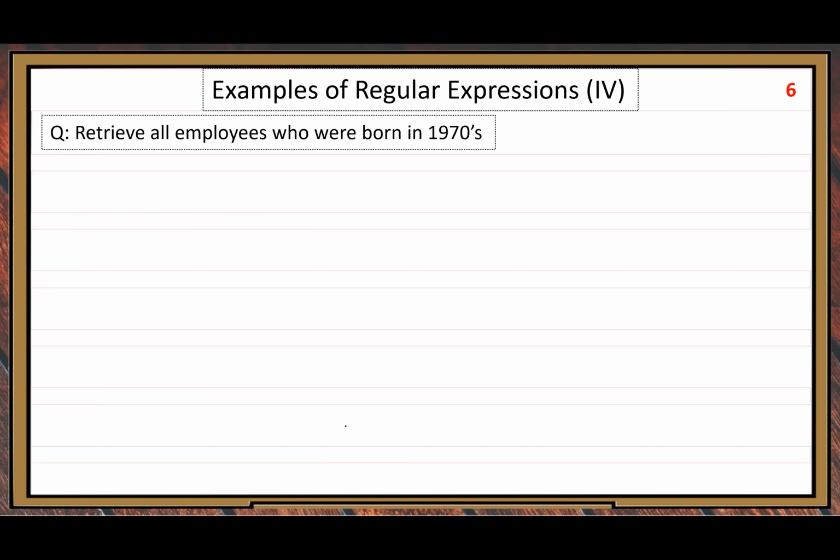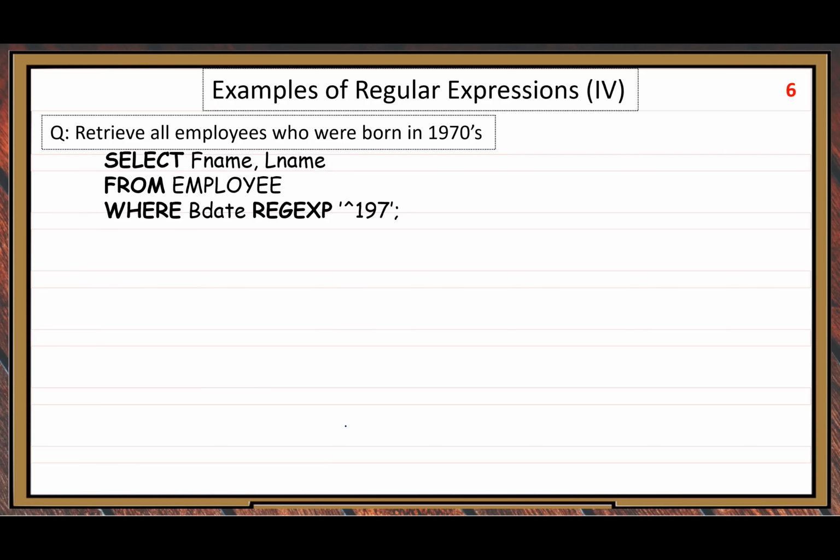For the regular expression case, the birthday, B date, string starts by matching 197, the 1970s.